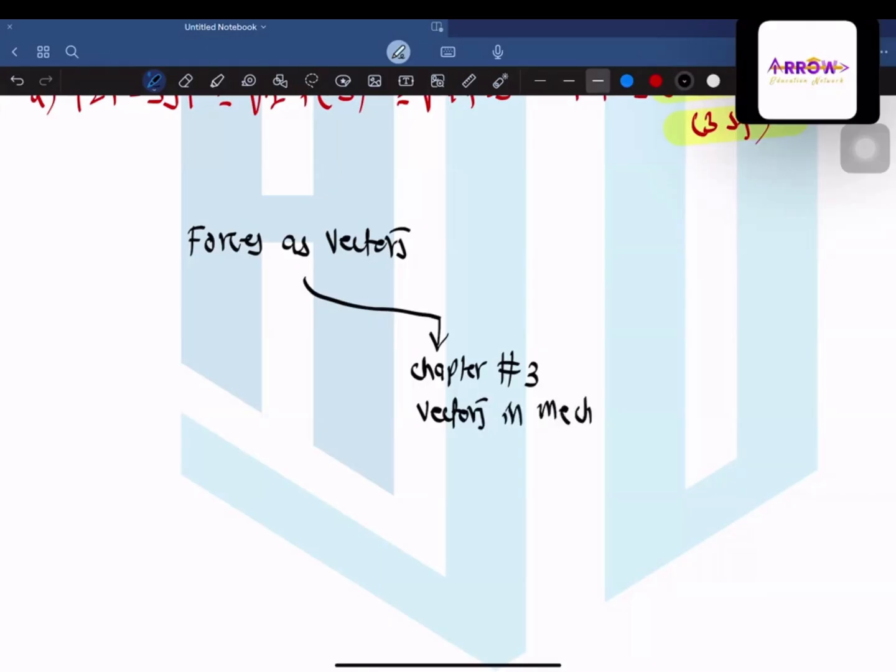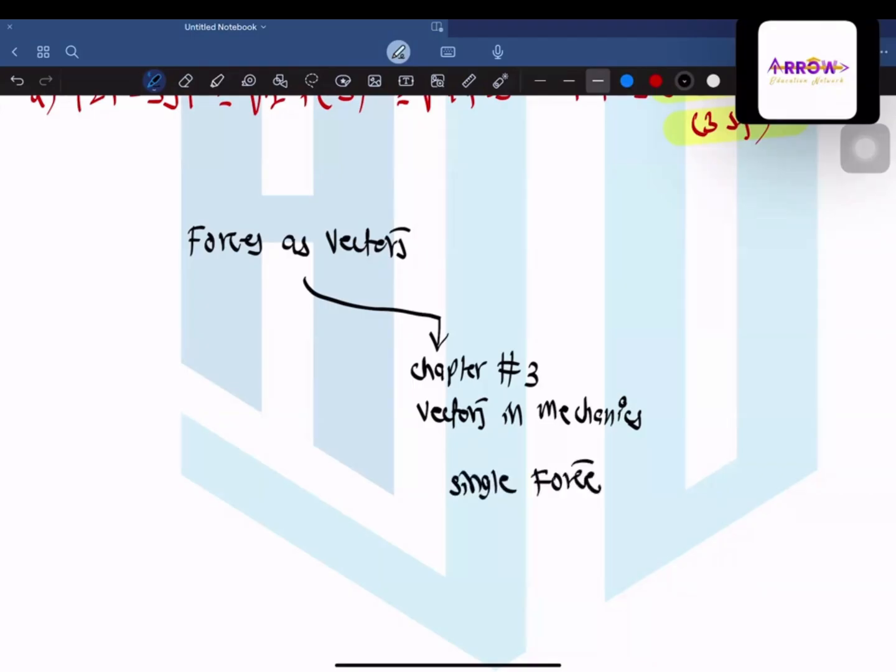Here you will deal with those questions which are based on the concept that the particle is under the action of a single force. In chapter number 3, you are going to deal with a single force only.